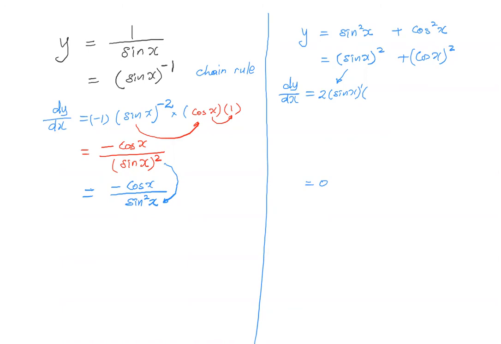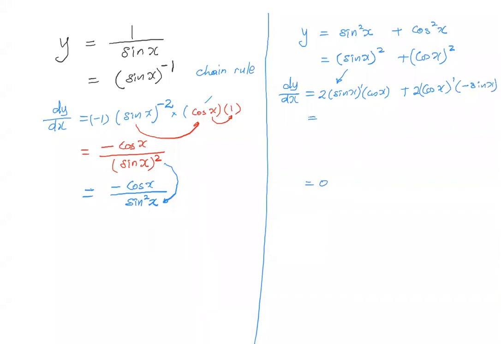Cos x. Yep. Okay, thank you. Plus, can someone tell me the other half? 2 cos x power of 1 times negative sine x.